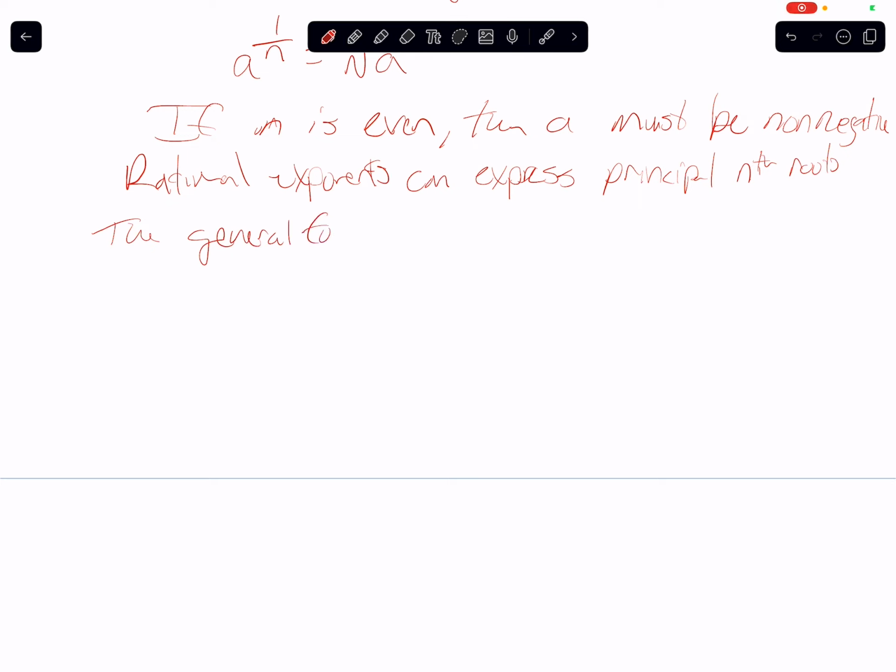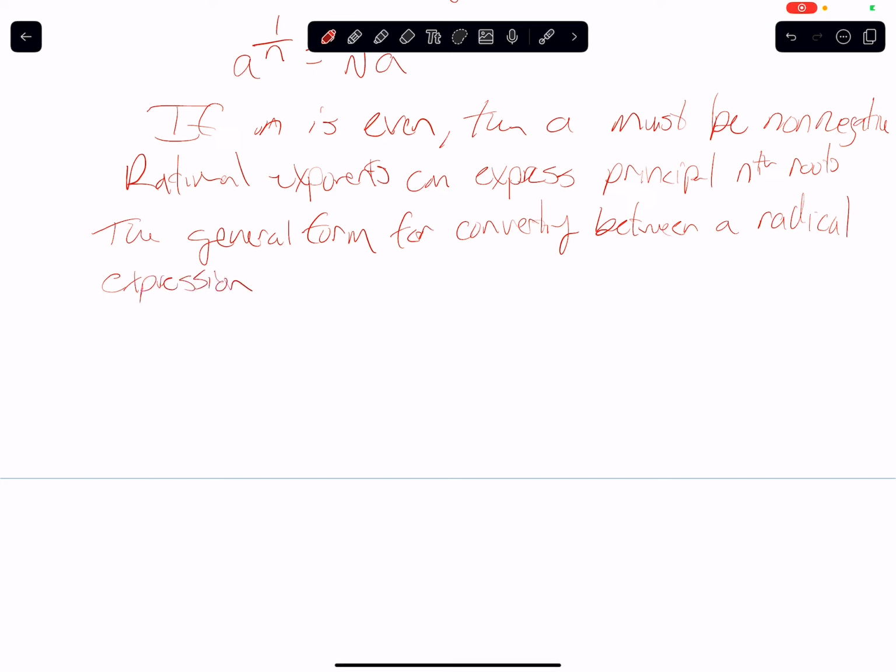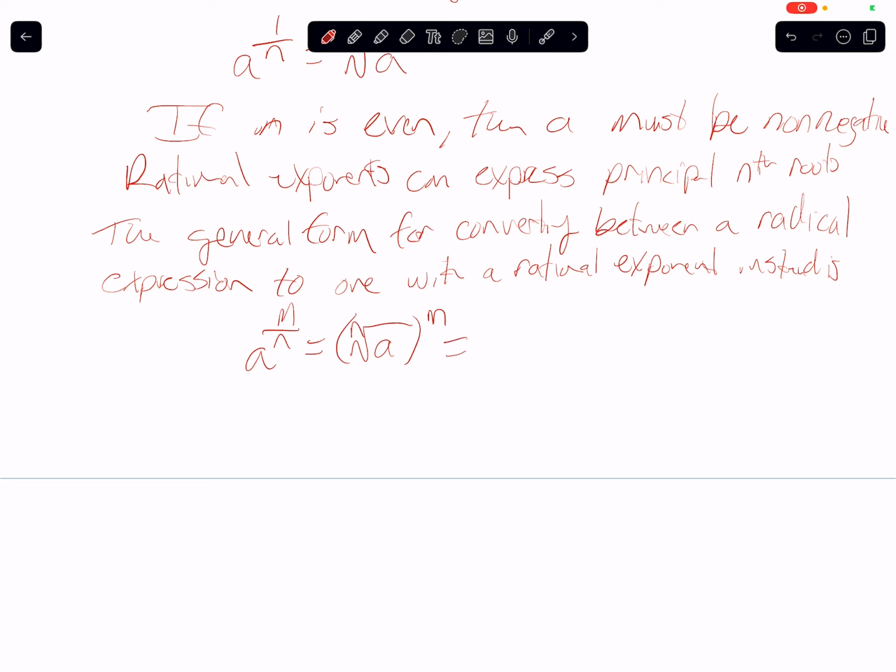The general form for converting between a radical expression and one with a rational exponent instead is a to the m over n power can be rewritten as the nth root of a quantity raised to the m power using exponent properties, or we can write it as the nth root of a to the mth power.